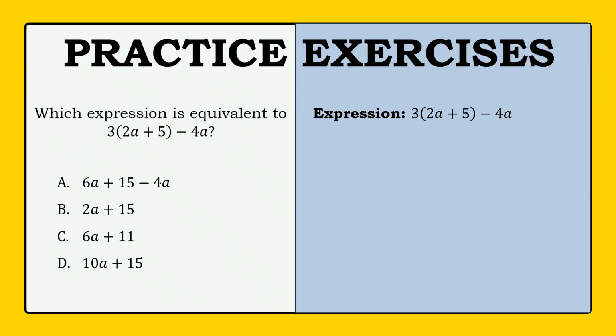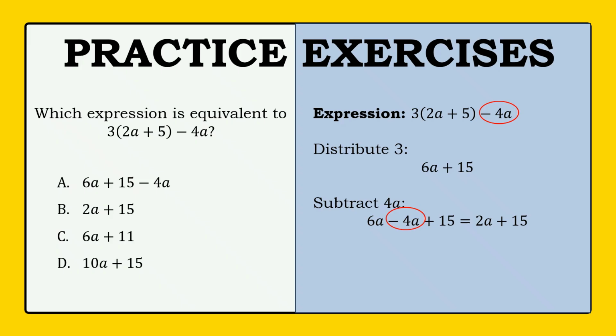So in the expression 3 times the quantity of 2a plus 5 minus 4a, first we're going to distribute 3 inside the parentheses. So 3 times 2a is equal to 6a. 3 times 5 is equal to 15. Next, subtract 4a. So we have here 6a minus 4a plus 15 is equal to 2a plus 15. And our answer is letter B.